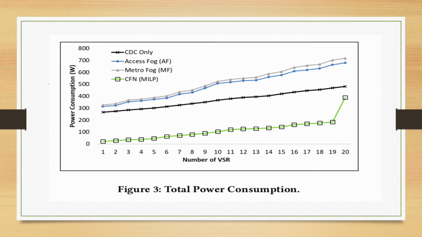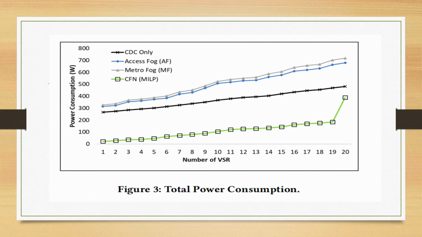The current graph explains how many VSRs, virtual service requests, we have used, and the power consumed by it. The horizontal axis displays the number of VSRs, and the vertical axis displays the power consumption.